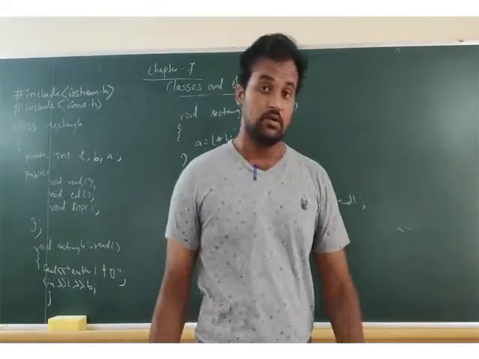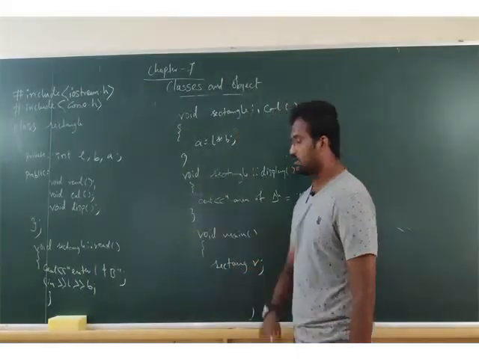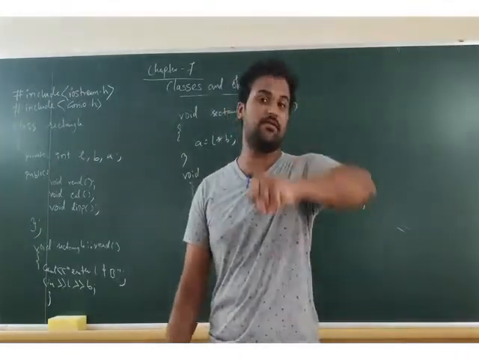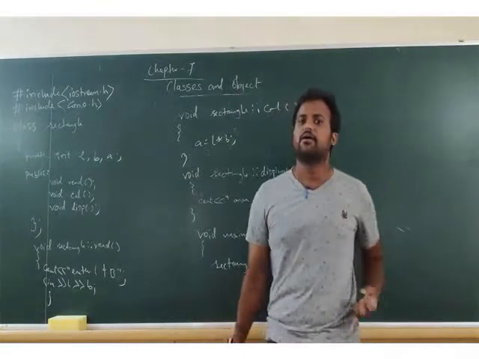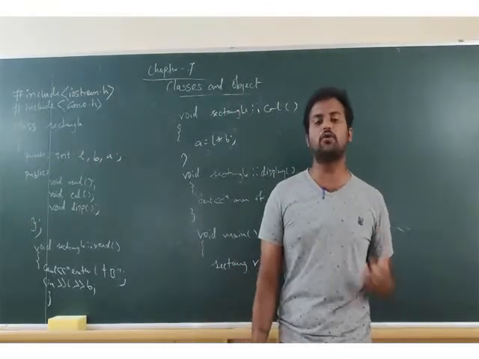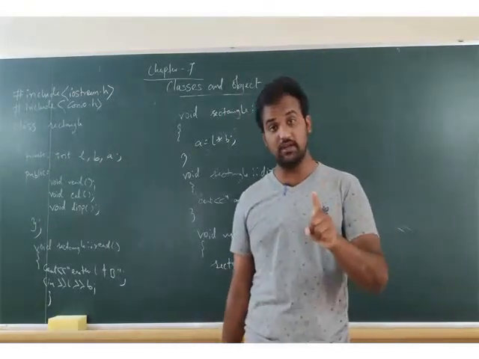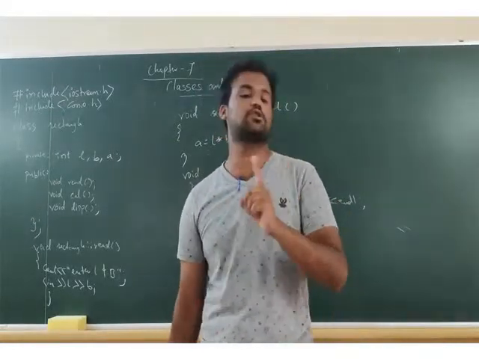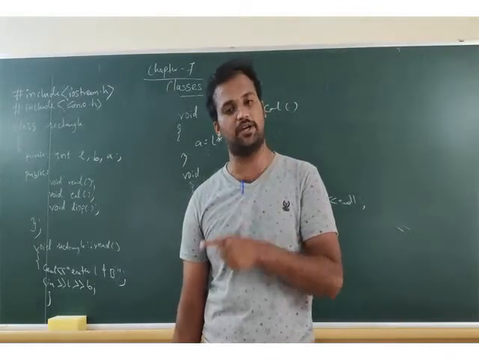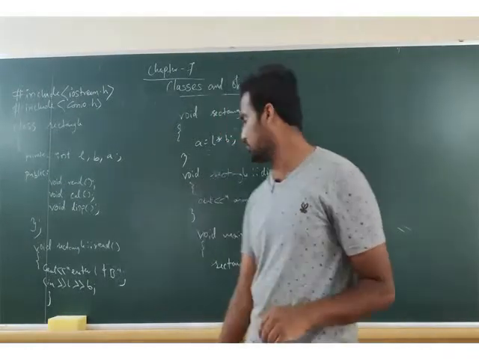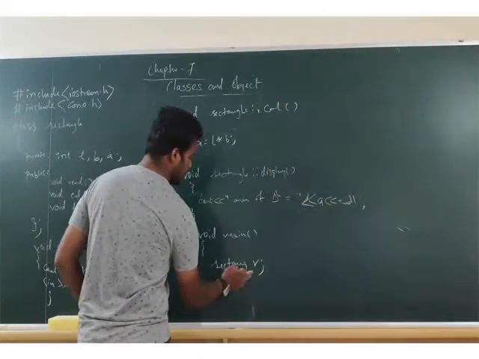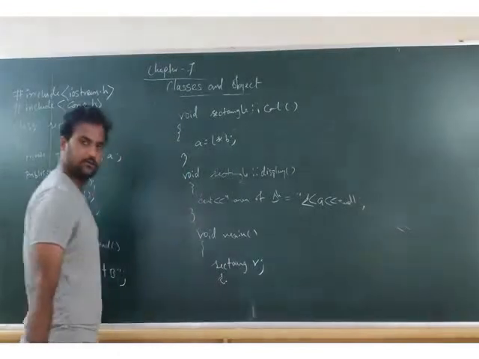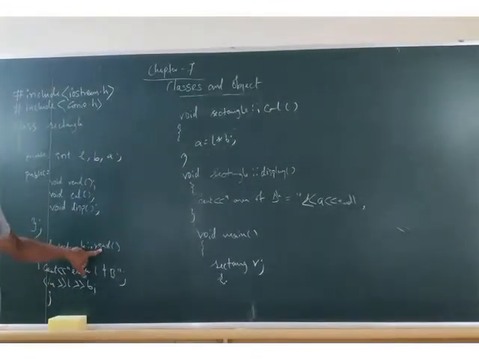Now, how to access the member function of a class? Access means bring it in and execute it. How to do that? By using the dot operator, or we also call it the member access operator. See here, I have written R. I can call R dot, first function name is read.